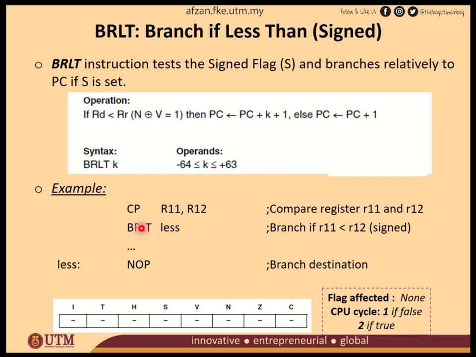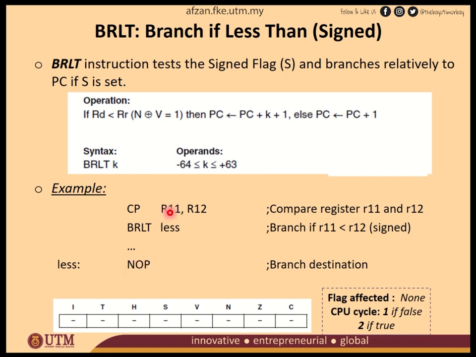We see the example here. CP R11, R12, BRLT less. If R11 is smaller than R12, it means that you have a negative number. For example, 5 minus 6, you get negative 1, so the sign flag will become 1. So you know that R11 is less than R12, and it will branch to this operation here.